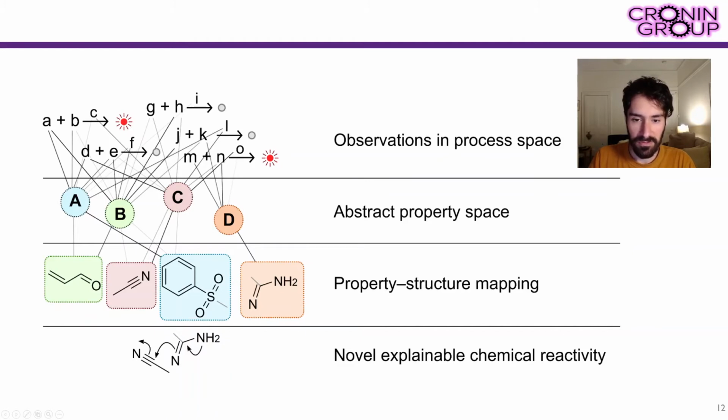And based on those observations, infer some abstract properties that exist, and then relate those properties to the presence or absence of certain structural motifs. And this third step is for the benefit of the chemist, because then it allows us to communicate the novel findings, potential novel findings, to chemists who will be able to take and use them in their work.